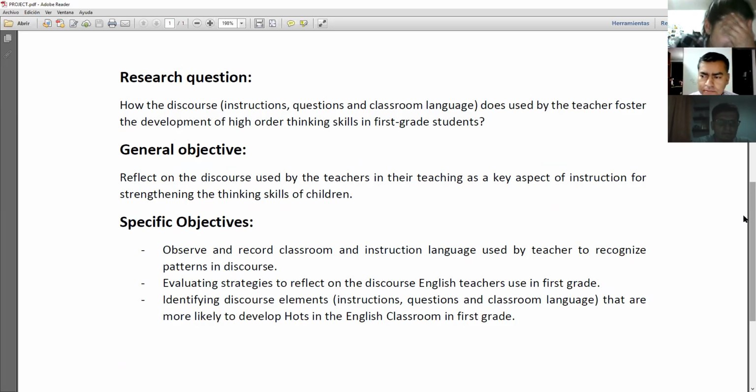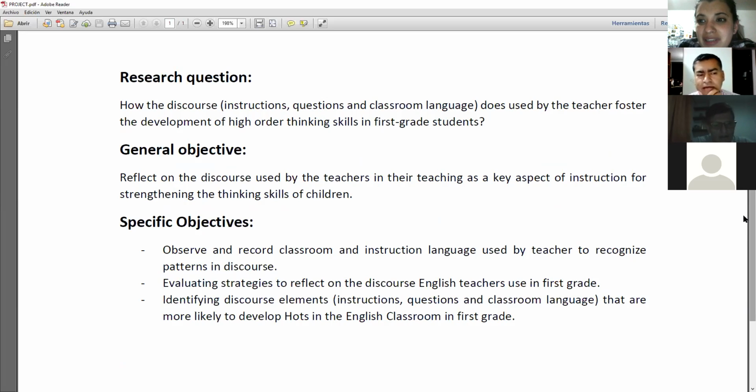Okay, I think the question is fine. I'm not sure about the word foster yet, because we actually don't know if the instructions, questions, and classroom language are really fostering the development. Can we say how does teachers' discourse affect the development of higher thinking skills?